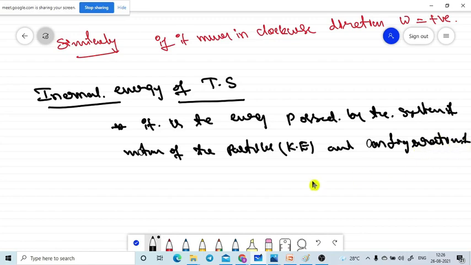So that means it is the internal potential energy. So it is the sum of the internal kinetic energy and the sum of the internal potential energy.